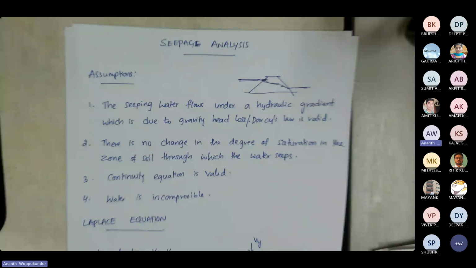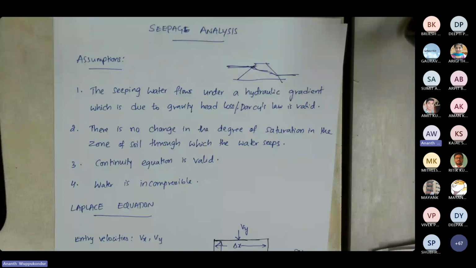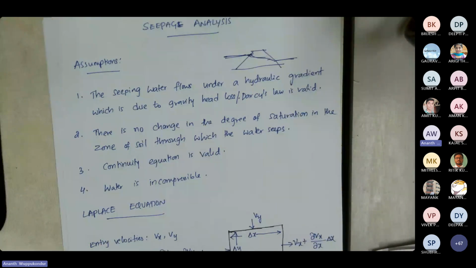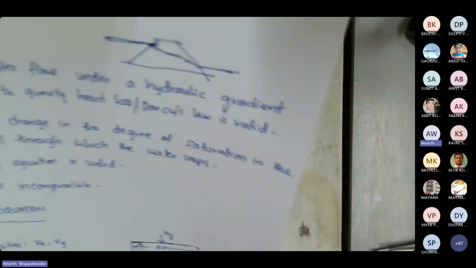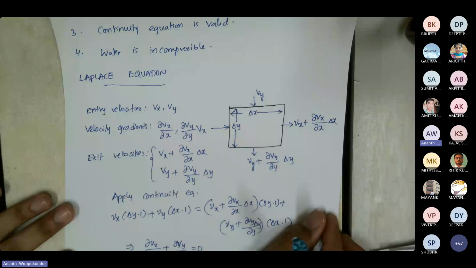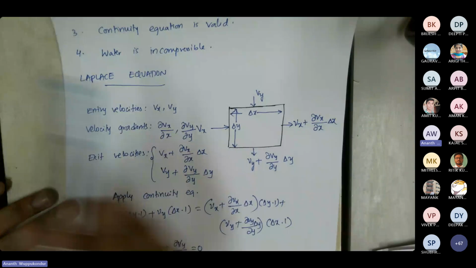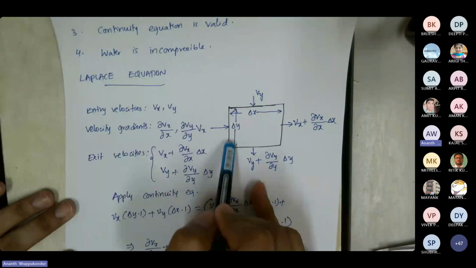Now the seepage analysis and the flow through the seepage lines, we calculate based on the Laplace equations. Laplace equations are the flow equations in 2 dimensions when you have a head difference and the potential. So let us say we assume a small soil element, and the water is entering this element and exiting.